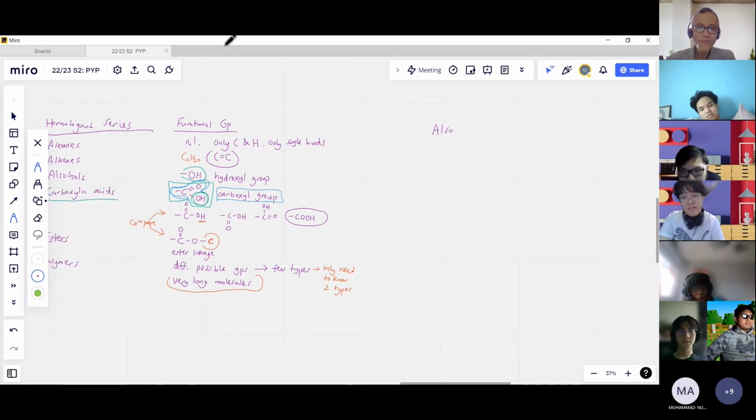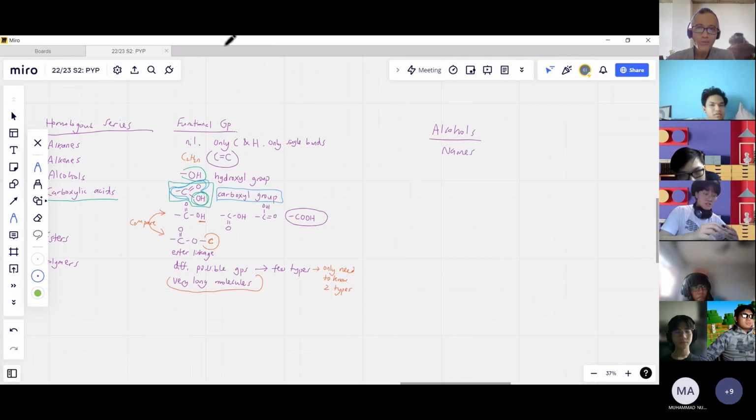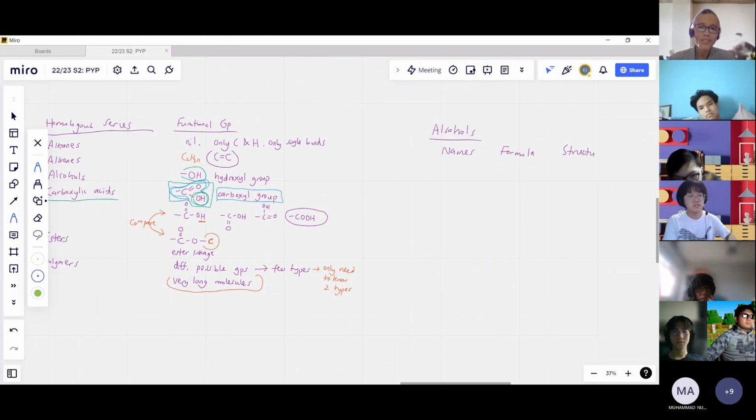Okay, as I said in class before, you only need to know the first four members. Right? Need to know their names. You need to know the formula. And names, formula, and of course you need to know how to draw the structure.